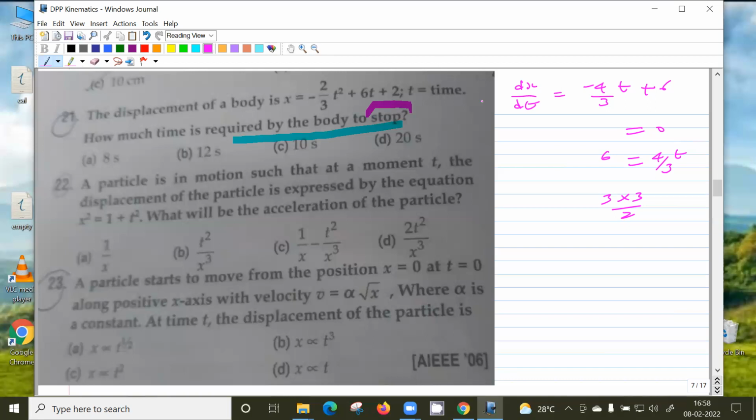Okay, leave it. So this is the idea. Velocity should be 0. Okay, this is 4.5 seconds, right? So another 4.5 seconds would have come to this place.